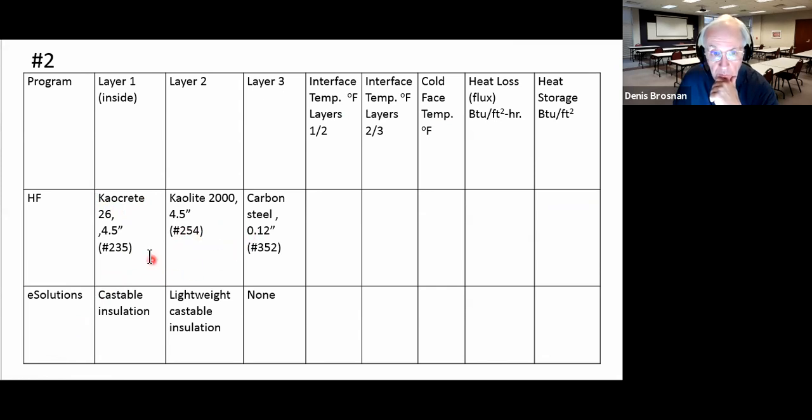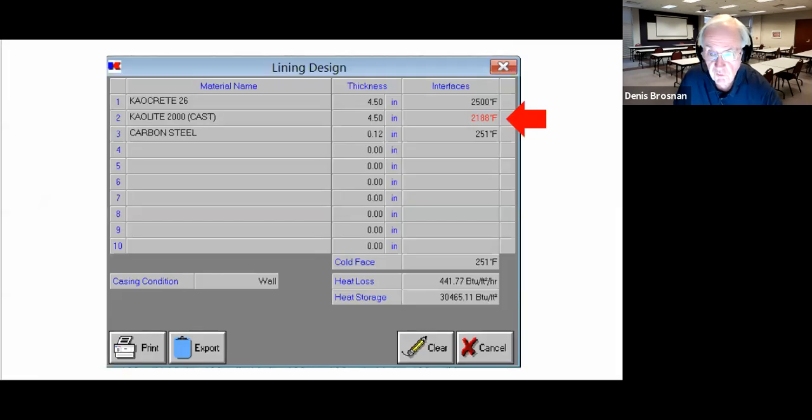I use the same thicknesses here, 4.5 inches, both layers here, just to give us comparable numbers. And of course, in E-Solutions, I just picked castable insulation for the inner layer and lightweight castable for the outer layer. So then you're able to run those programs.